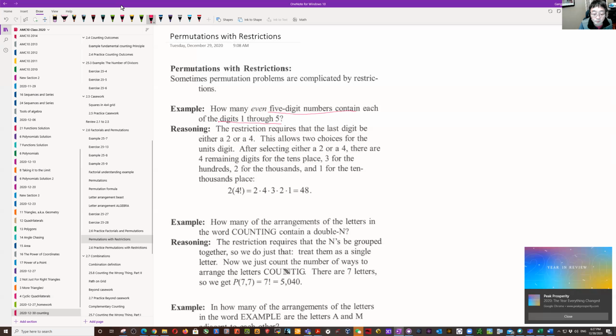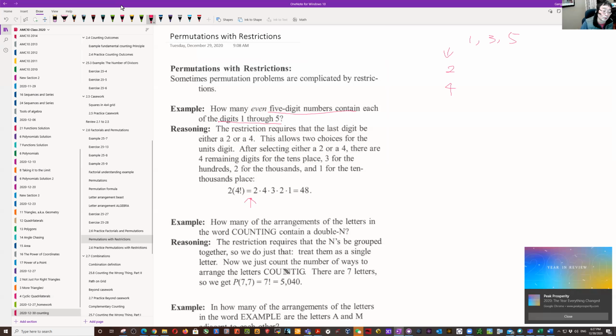When we do even numbers, the last digit is either 2 or 4. We cannot choose 1, 3, and 5. So we arrange the last digit first, that's 2. Then we got 4, 3, 2, 1.